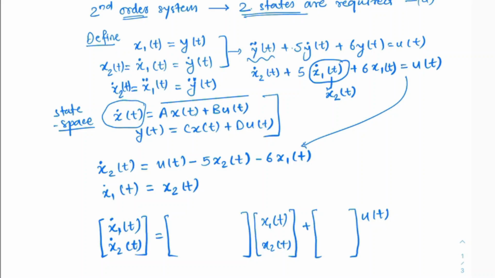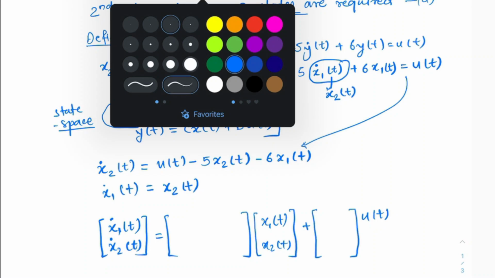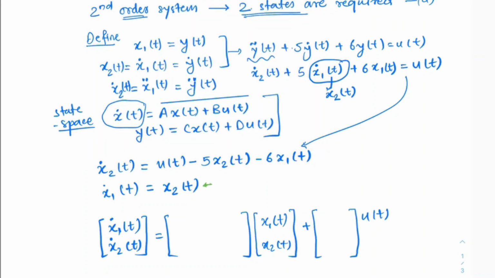So let's write this equation here. x1 dot is 0 times x1 plus 1 times x2 and 0 times u of t.